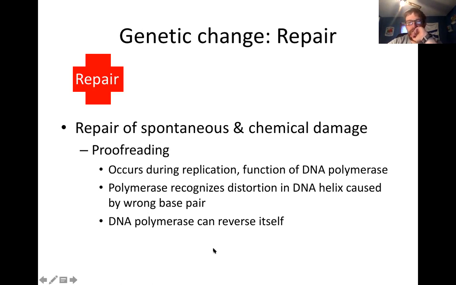Basically what happens is when you have nucleotides that are mispaired, it causes a small physical bump in the strand of DNA. And DNA polymerase can actually detect or read that little bump, right? Mispairing causes a change in physical structure. It can detect that change in physical structure, and it can repair its mistake, okay?